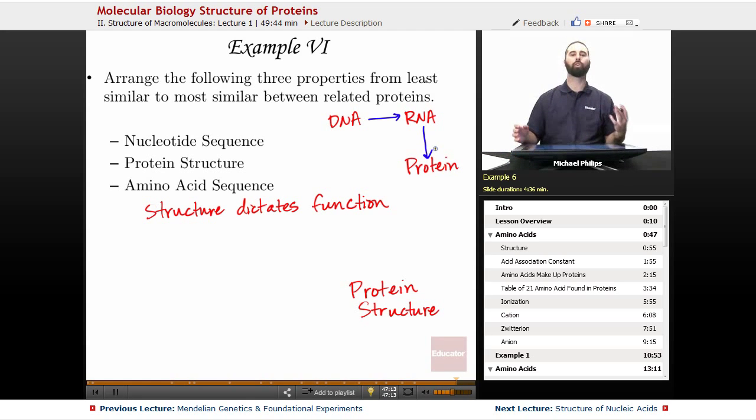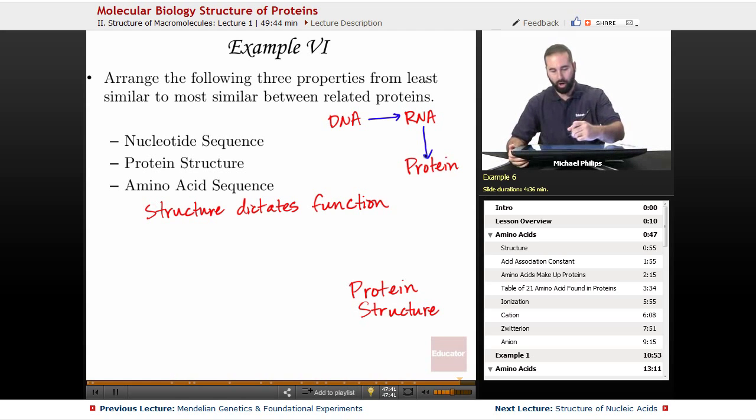And if we remember correctly, to make a protein, we need our amino acids. And multiple different codons on the RNA can be made into the same amino acid, which we call the degeneracy of the genetic code.